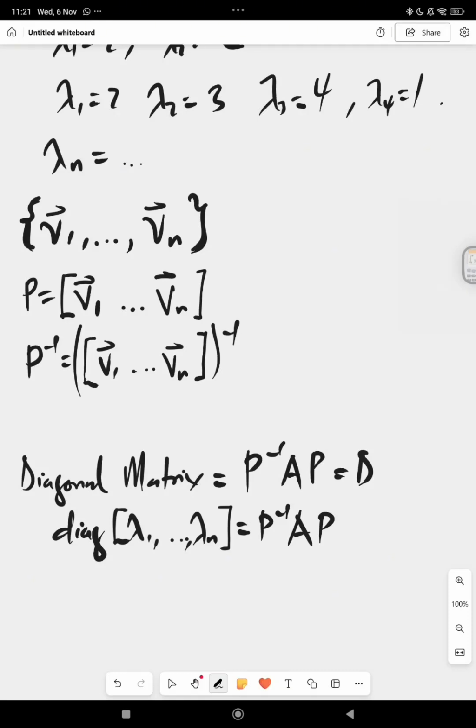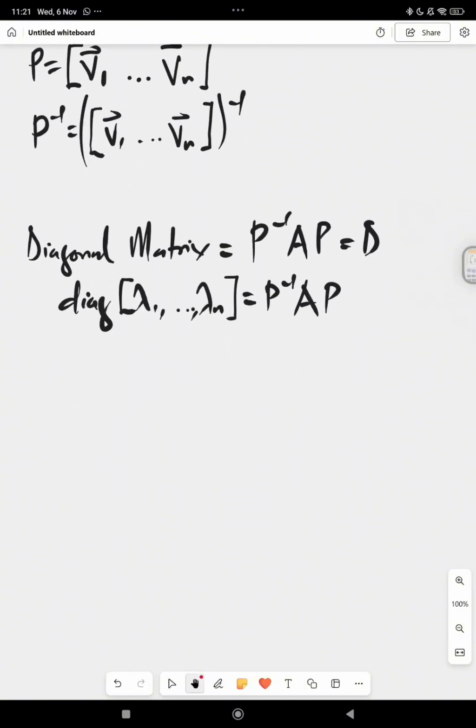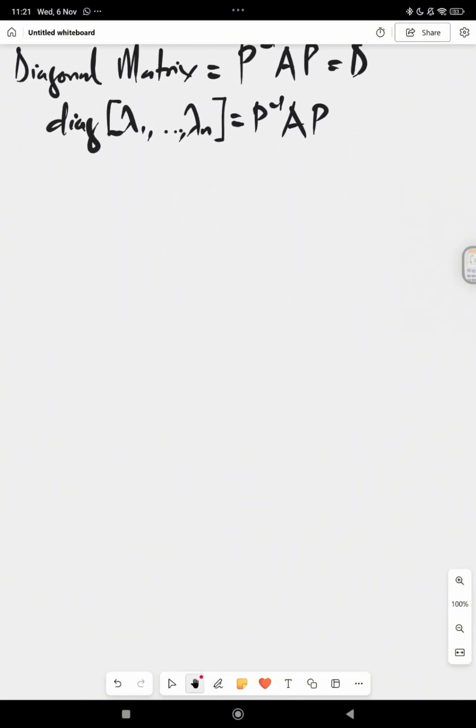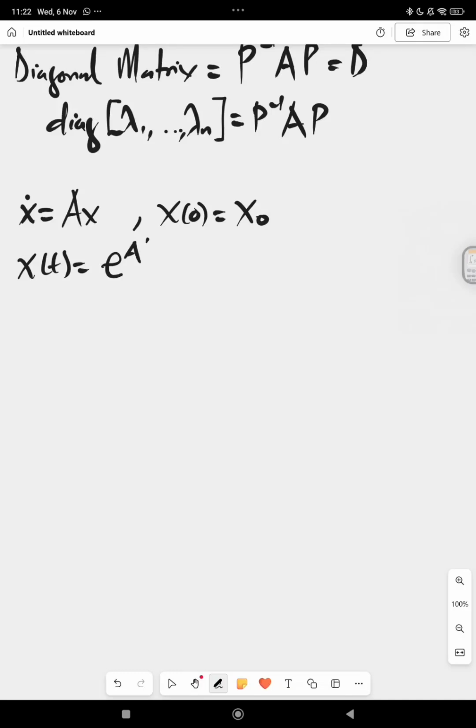Okay, so from the theorem of diagonalization, if you're given the linear dynamical system x dot equals Ax, with initial value problem x of 0 equal to x naught, we have our solution x of t equal to the exponential of At times x of 0.